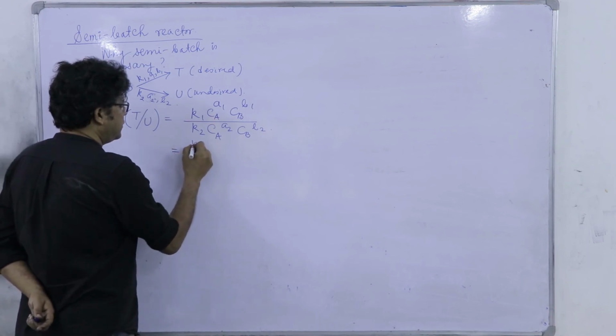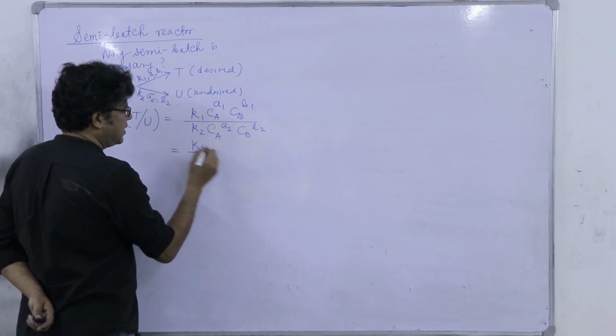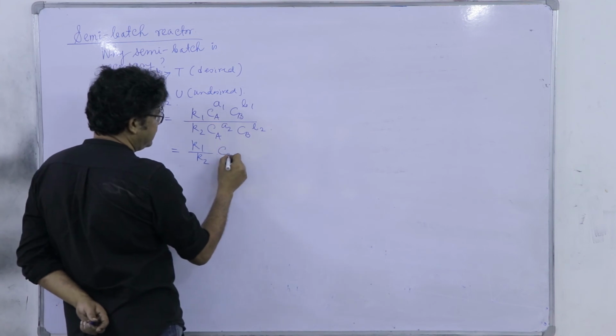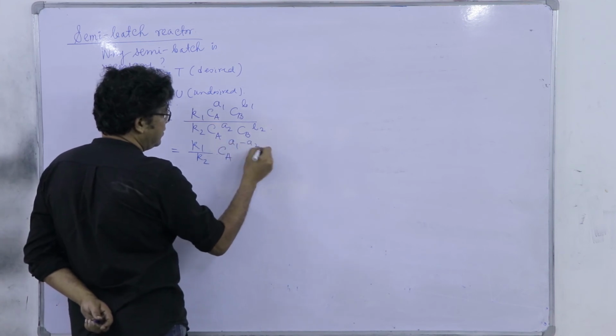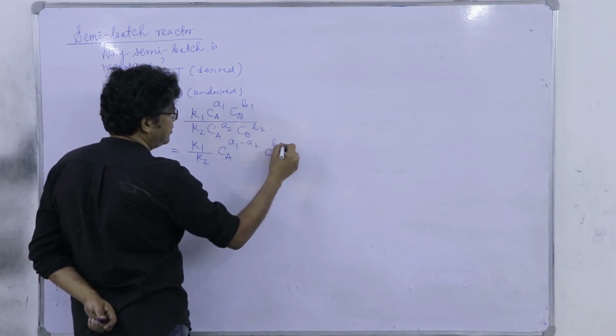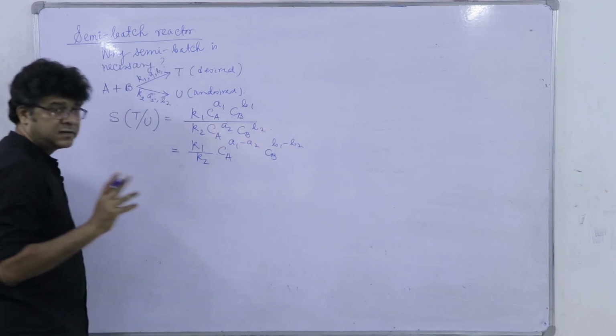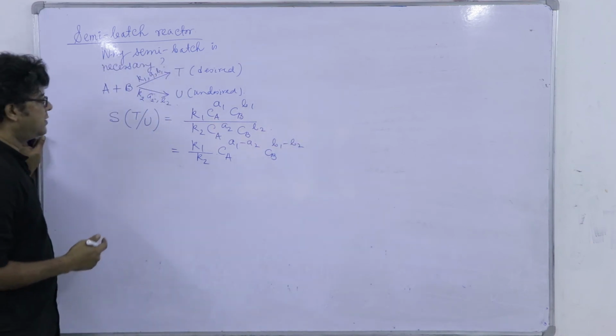Right. So, we will not discuss temperature, K1, K2, let us keep it aside. So, Ca to the power A1 minus A2, Cb to the power B1 minus B2. This we have discussed when discussing the yield, right.